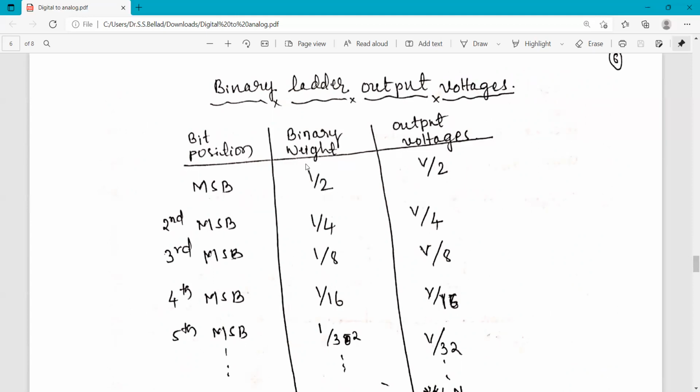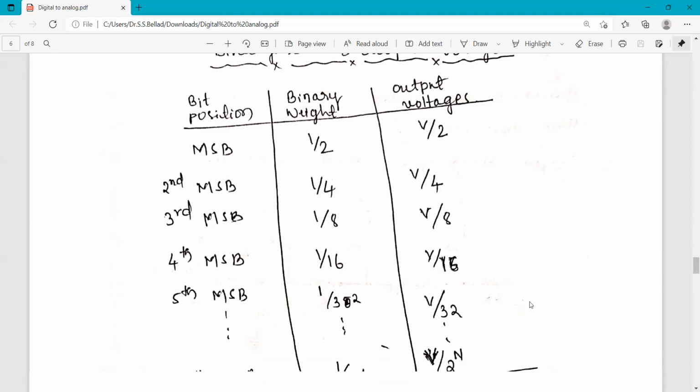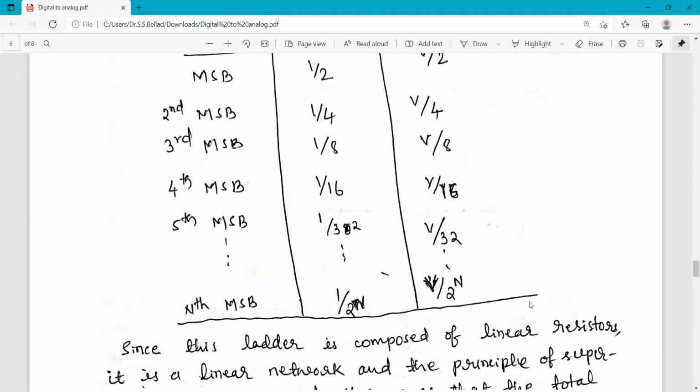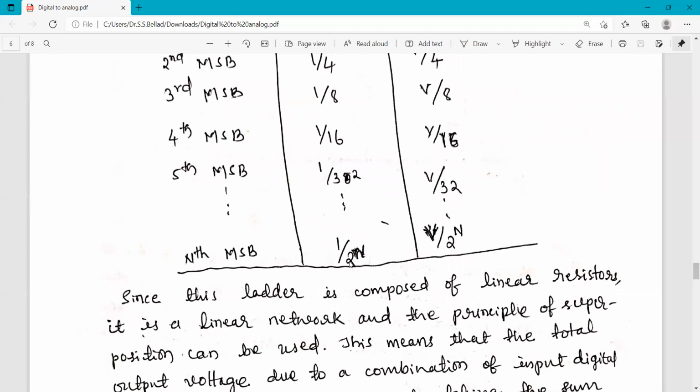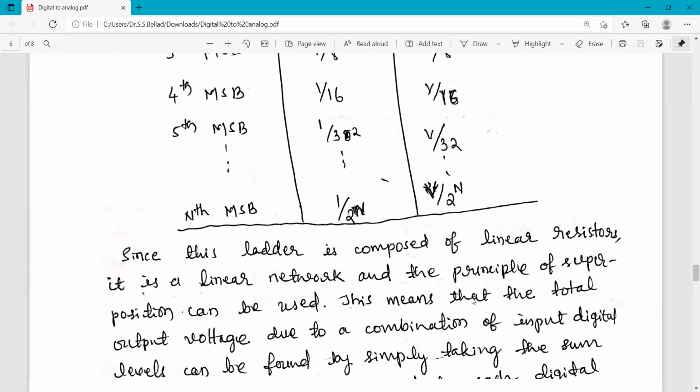Its binary equivalent weight is 1 by 2, so it produces the output voltage of V by 2. The second MSB produces V by 4. The third MSB produces V by 8. And the fourth MSB produces V by 16, and so on. And for the nth bit, it will be 1 divided by 2 raised to n, or V divided by 2 raised to n.